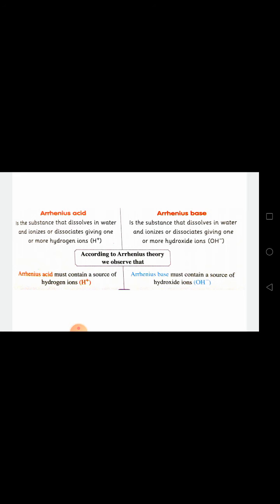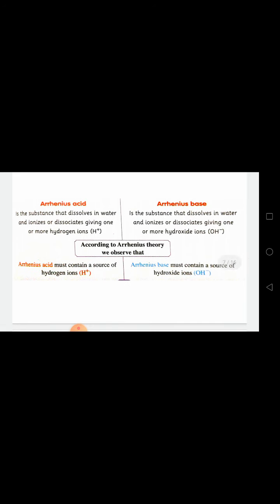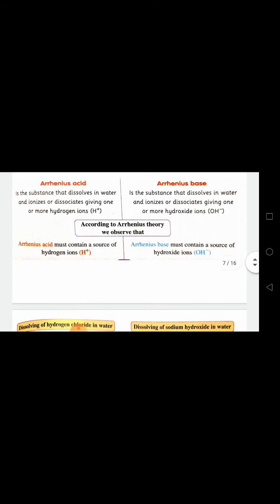So acid and base in Arrhenius theory must dissolve in water, and the acid must give one or more protons, or positive hydrogen ions, while the base must give one or more hydroxide ions. So acid is a source of hydrogen ions and base is a source of hydroxide ions.